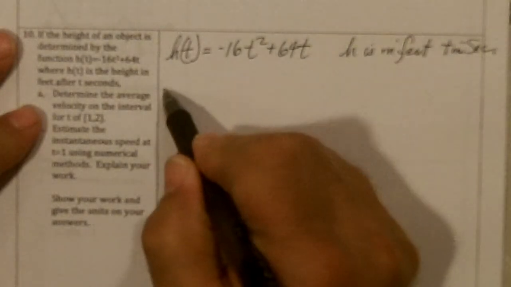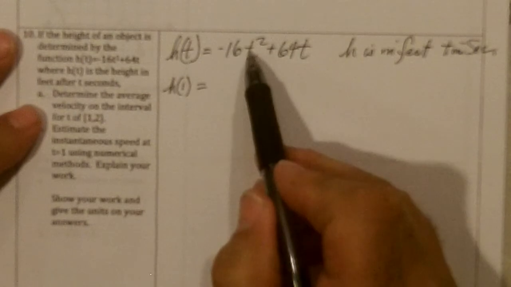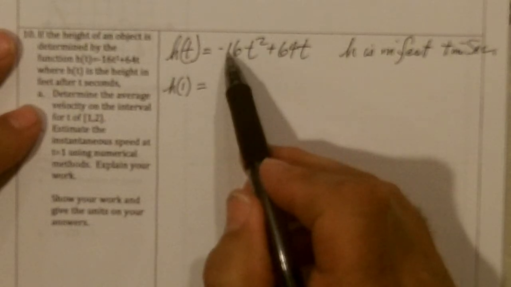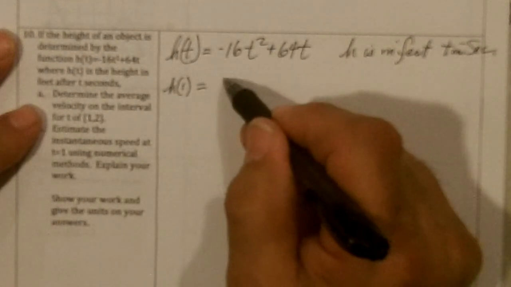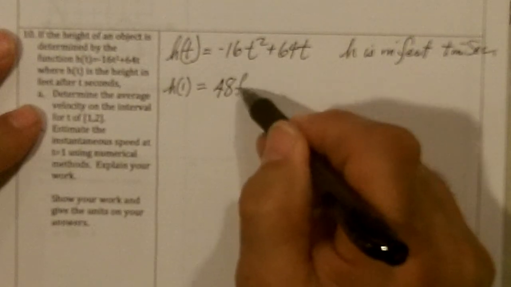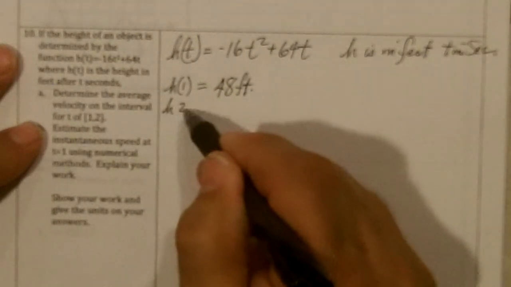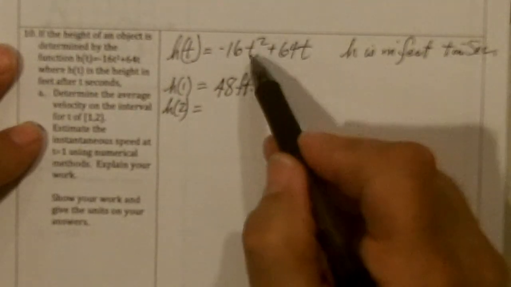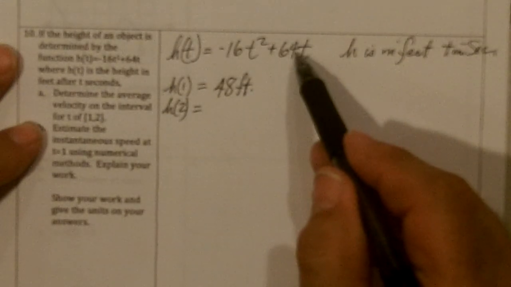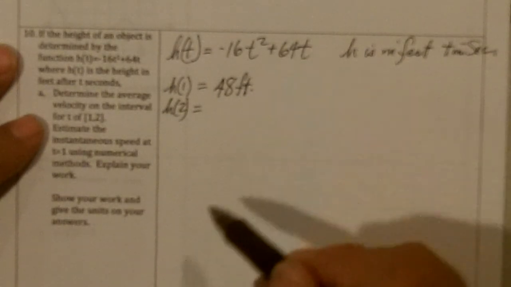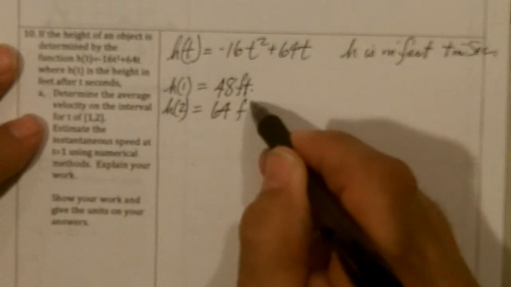Well, the height at 1 is 1 times negative 16, negative 16 plus 1 times 64, 64, which is 48 feet. The height at 2, 4 times 16 is negative 64, plus 2 times 64 is 128, so that becomes 64 feet.